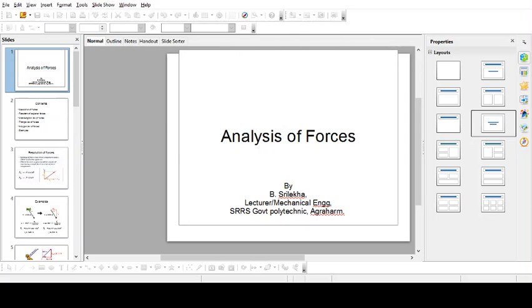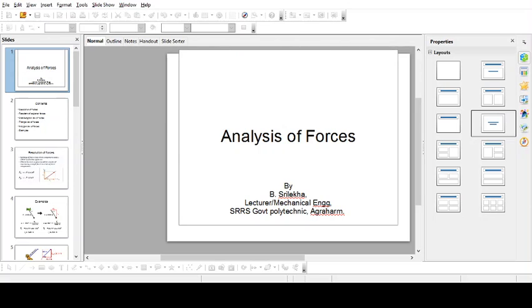So let us take this slide. According to the law, let OA be represented by a force P and let OB be represented by the force Q. Here P and Q are passing through a common point O, and these two are represented by the adjacent sides OA and OB of the parallelogram OACB.